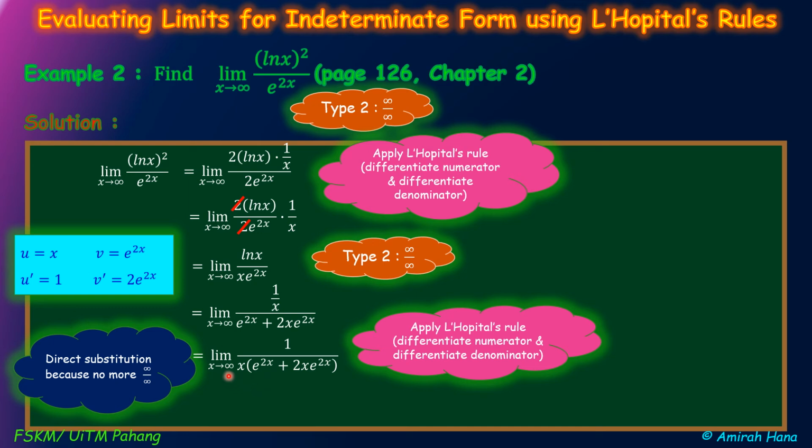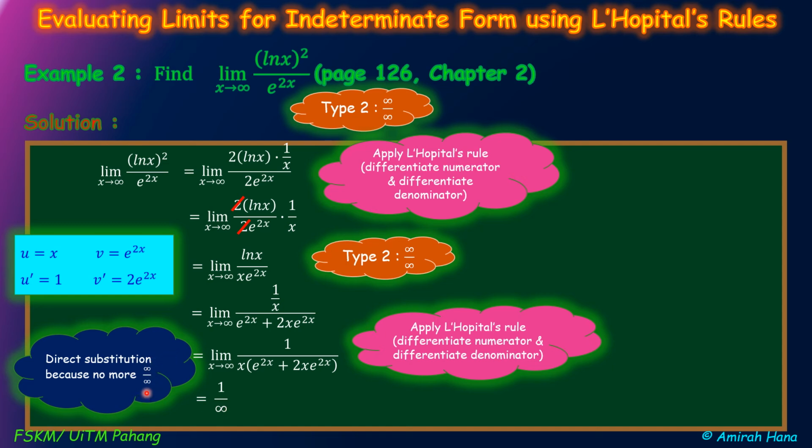After that, we can try direct substitution. If we use direct substitution, we have 1 in the numerator, and in the denominator we substitute infinity into variable x, so we have infinity. So the answer is 1 over infinity. No more infinity over infinity.